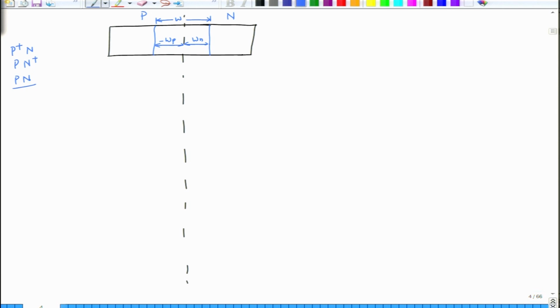Now, let us say we want to plot the carrier density first. So, this is Nd and this is Na.